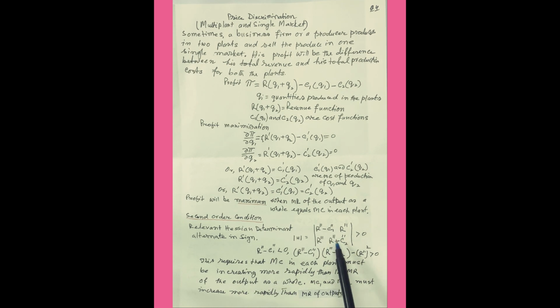So this is the Hessian determinant, and the first principal minor, R prime prime minus C1 prime prime, that is the rate of change of MR minus the rate of change of marginal cost, should be negative.